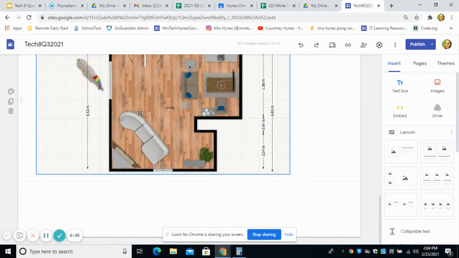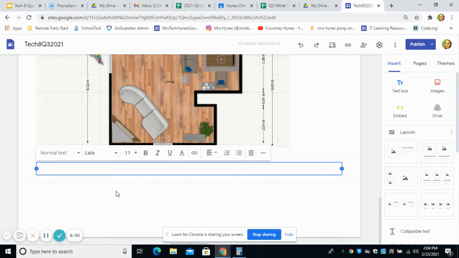So I have mine right here. What I'm going to do is add a text box and put all those numbers in, okay? So I'll say perimeter, and that's going to be 24 plus 21, plus 7 plus 4 plus 3 plus 8 plus 12.